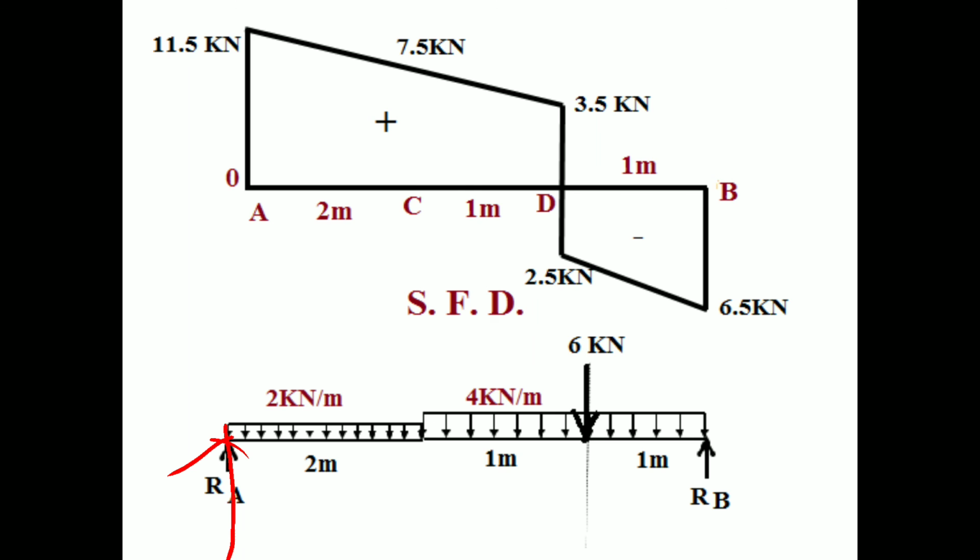Again from D to B we have an inclined line, therefore it is 4 kilonewton per meter. And at point D we have a point load acting in the downward direction. So in this manner we have drawn a loading diagram from the shear force diagram.